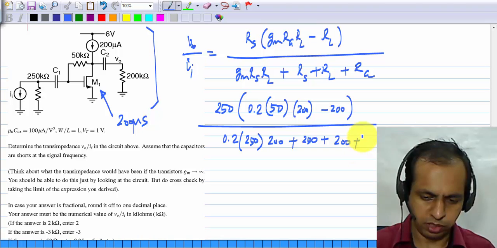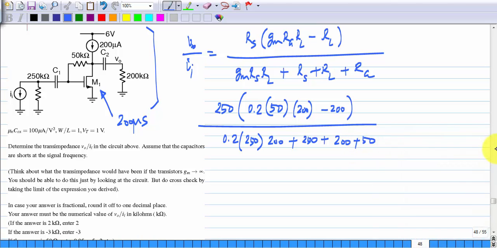If you simplify, 0.2 times 50 is 10, so you get 2000 minus 200, 250 times 1800, and in the denominator, 50 times 200 is 10,000, and all of the rest will be 500, so this is 10,500.